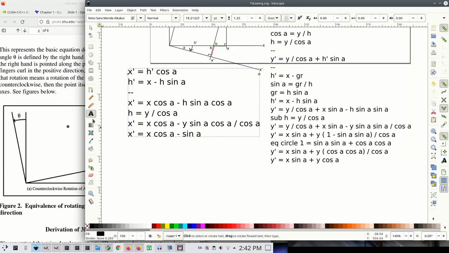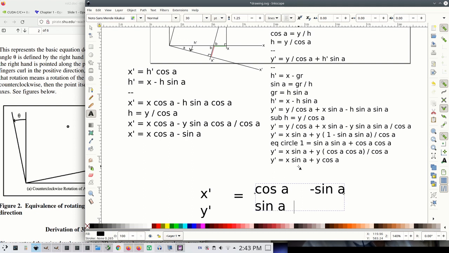And then in matrix form, again, we get x prime, y prime equals, and we have cos A, minus sine A, and then the next row is sine A, cos A, times x and y.